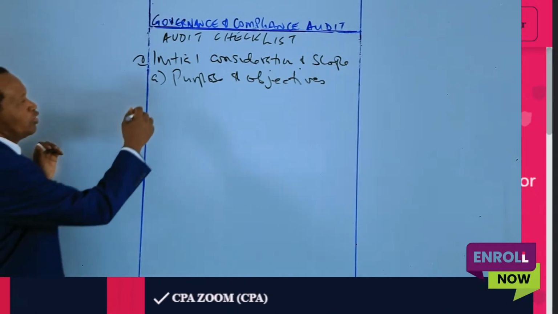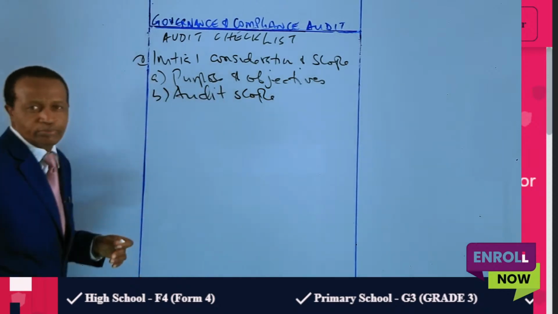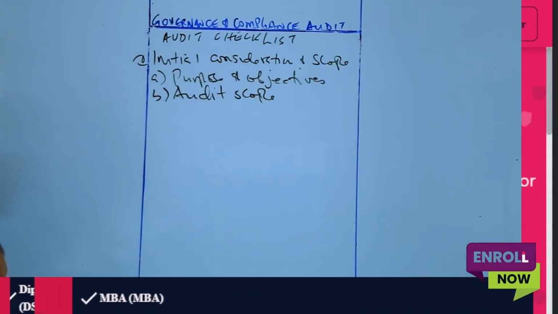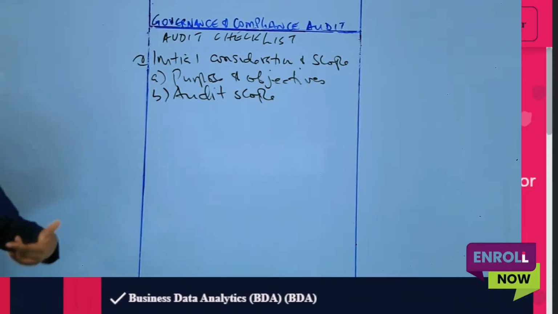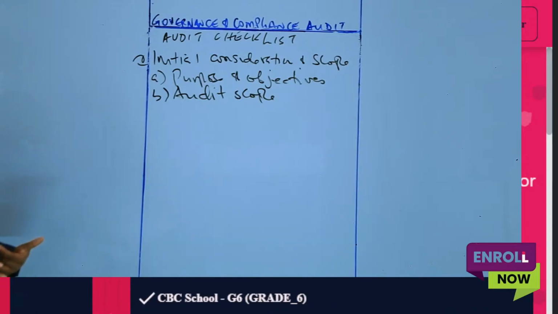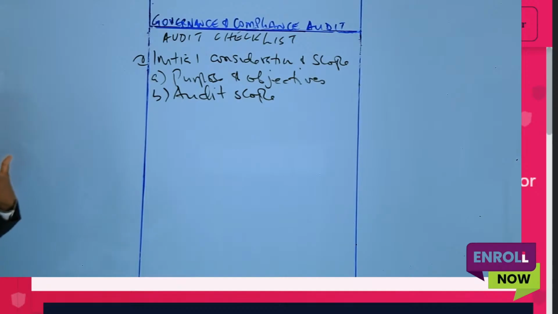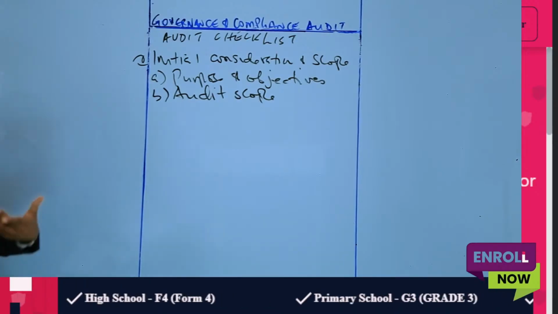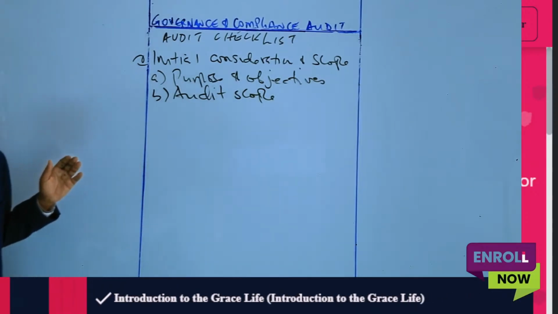Then there is audit scope. Is the audit scope clearly defined, including the specific business units, the processes, systems that are to be audited? And have any exclusions or limitations to the scope been clearly stated and agreed upon?